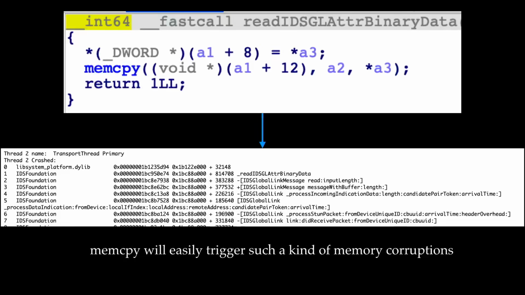So if you do a fuzz here, like you randomly generate a stem message, you can easily trigger a crash like this. This is a crash log on Mac OS, I think. And you can see the memcpy triggers the crash.